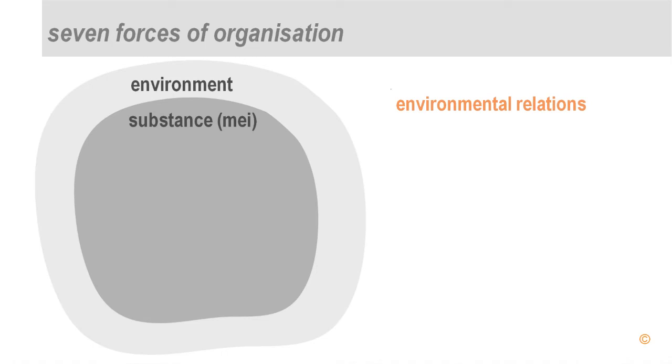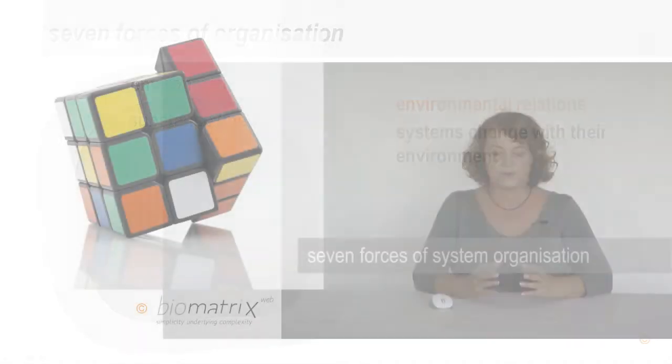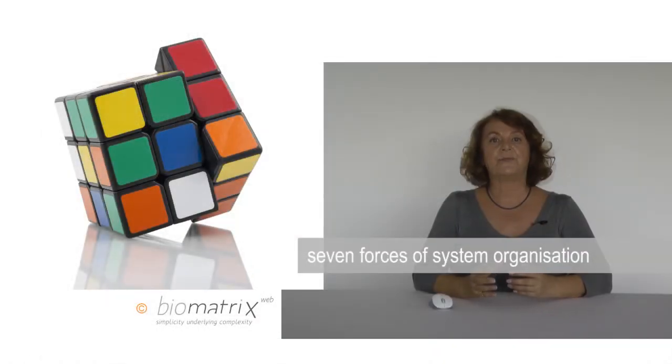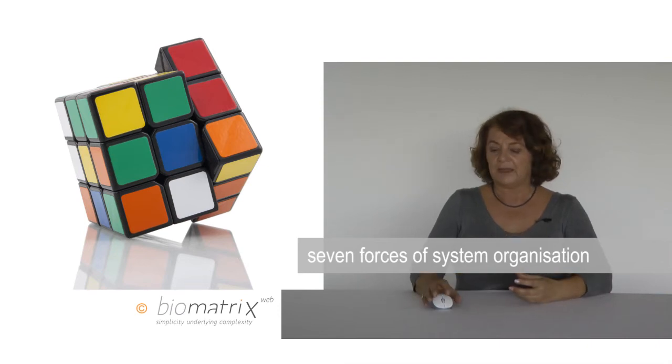If the environment changes, the system has to adapt in order to survive and thrive. So the interaction of the system and its environment and how the system manages environmental change and how it adapts to it is an important force of organization.